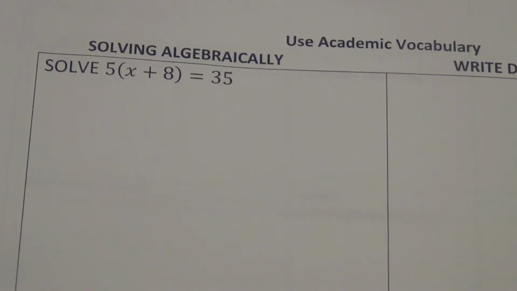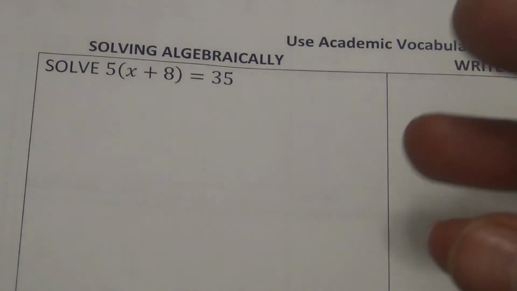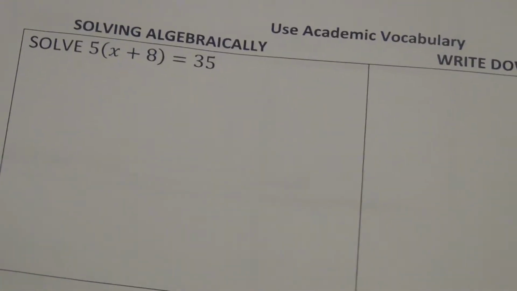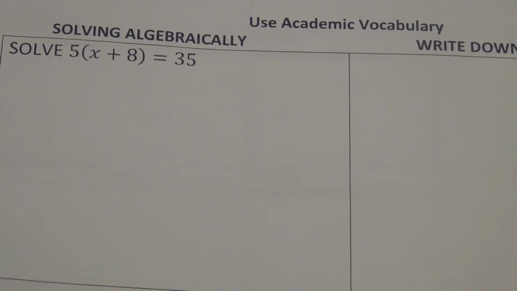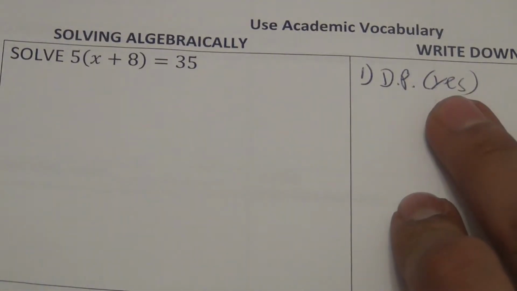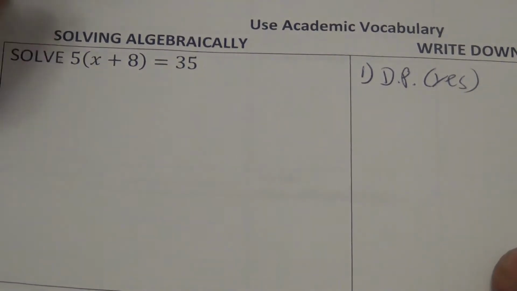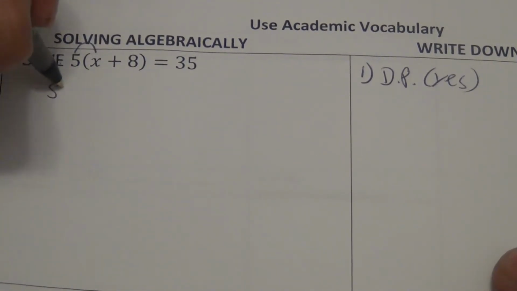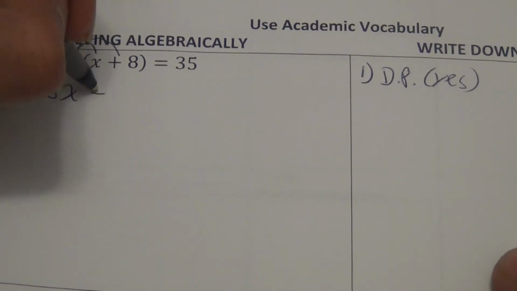This one, look, beautiful. So rule number 1, do I have distributive property? The answer is yes. So, look. 5 times x is 5x. 5 times 8 is 40.